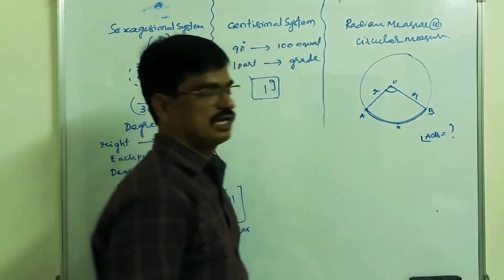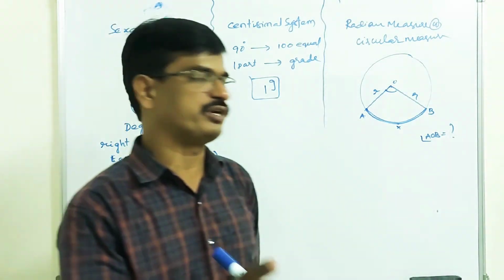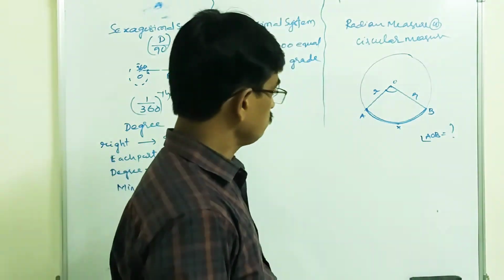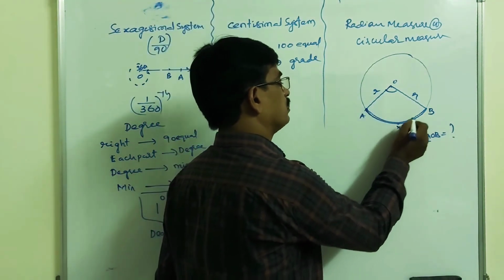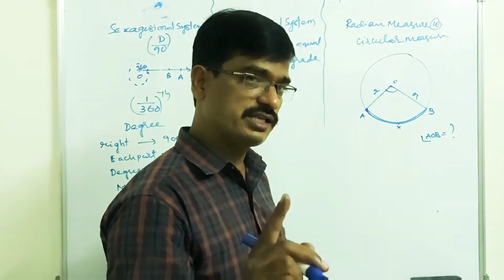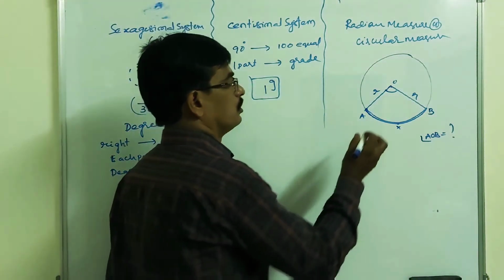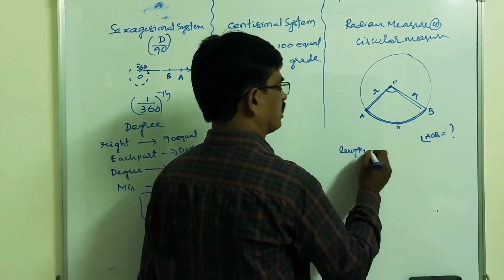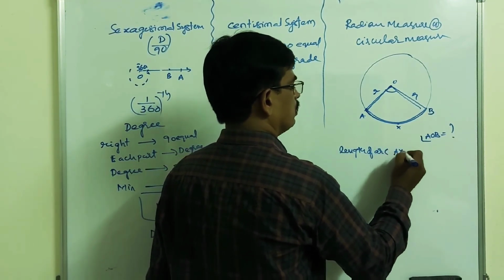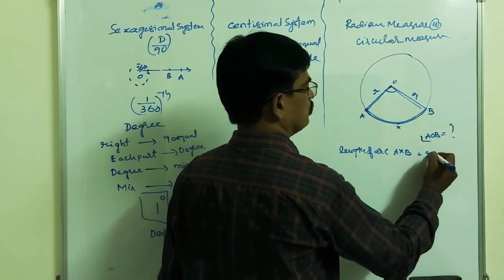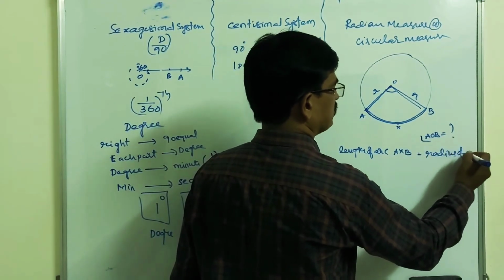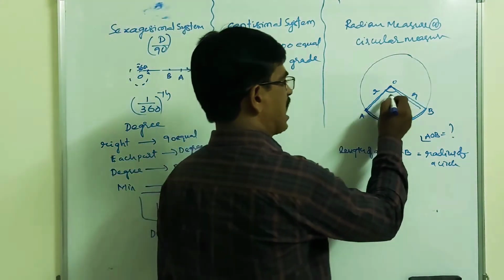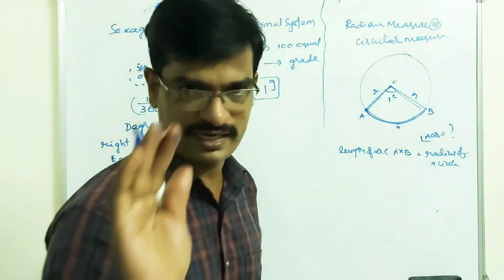We can say that the angle made by arc AXB at the center is 1 radian when the length of arc AXB is equal to the radius of the circle. Then the angle at the center is 1 radian.